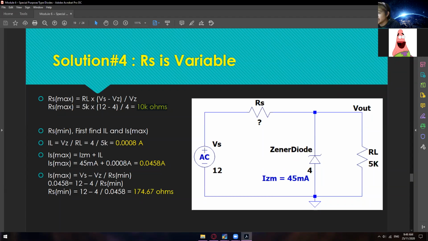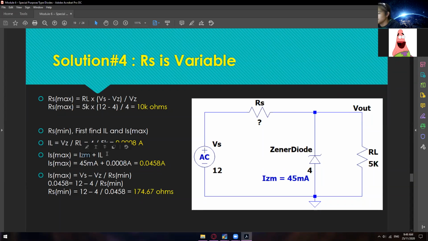All right. Next one is solving for the RS min. But before we can solve for the RS min, we have to find the IL and then the IS max first. Solving for IL first, IL is equal to VZ divided by RL. VZ is 4 and RL is 5K. Just do the math, then you will get 0.0008 ampere. Once you have the value of IL, that's the time that you can solve for the IS max, because the formula for the IS max is IZM plus IL.